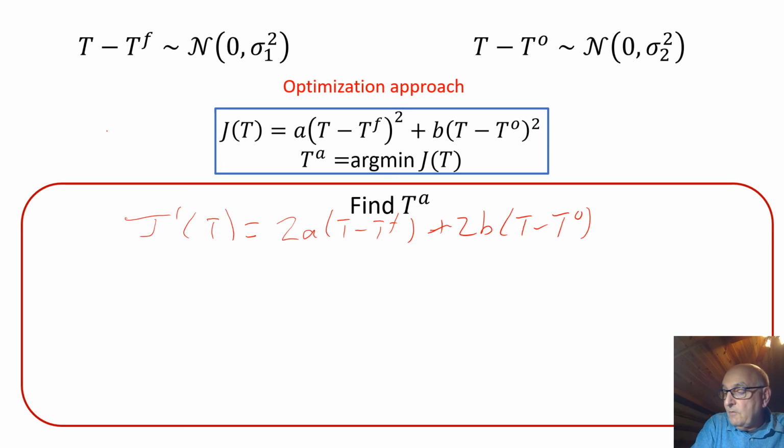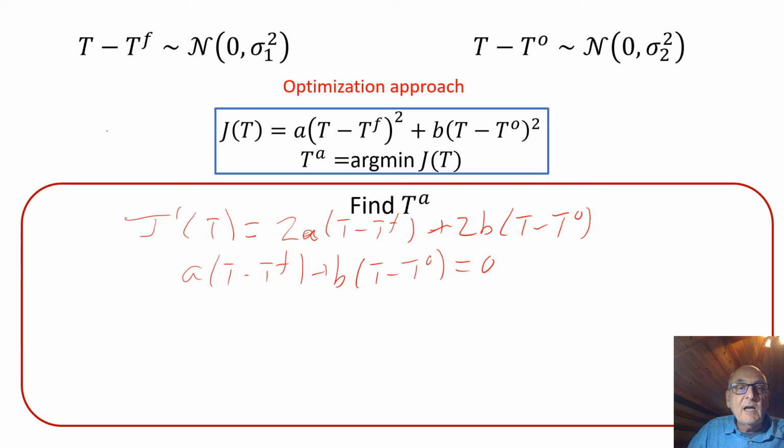Right? So obviously then, sorry, this is a, not alpha. So then we've got a times (T minus TF) plus b times (T minus T0) is equal to 0. And it's the T that solves that, which is going to give us our minimum.